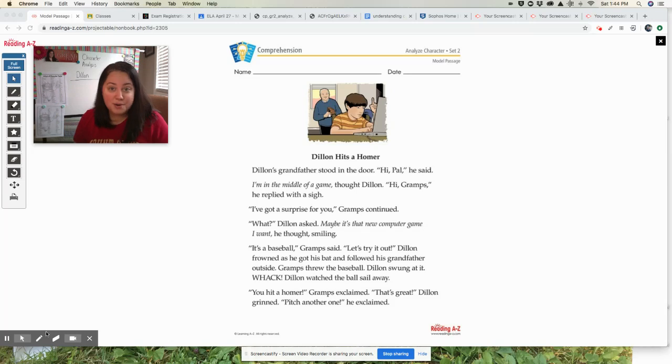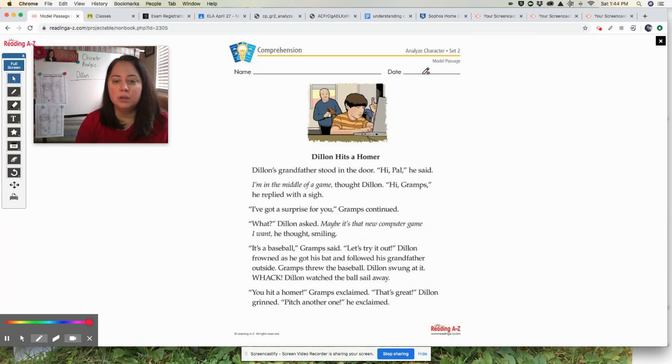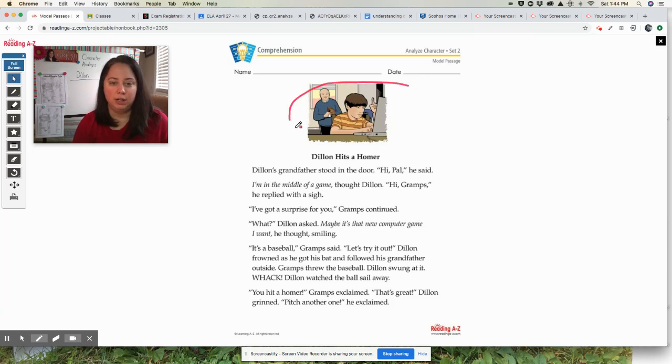So before we do that, I want you to go ahead and take a close look at the picture here before we read, because it's very important to look at the illustrations before you read the text. And as I study this illustration here, I notice that there are two people in the picture. There's one back here, one character, and he seems a little bit older.